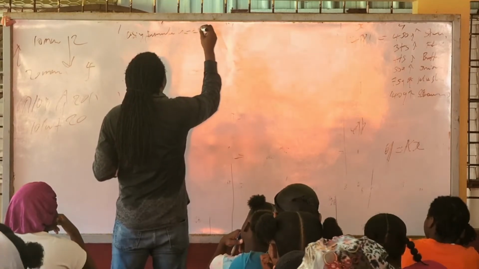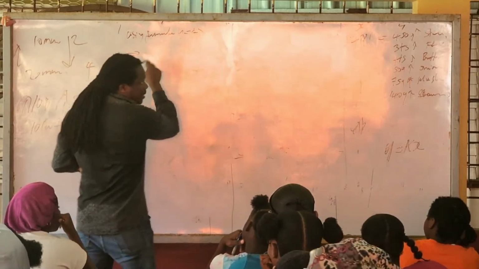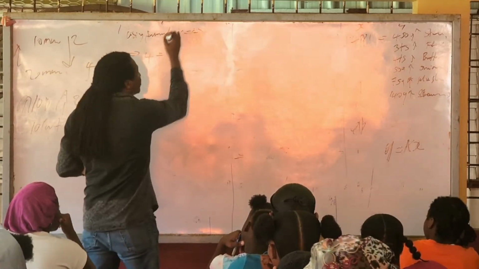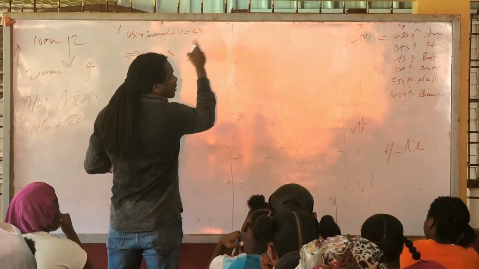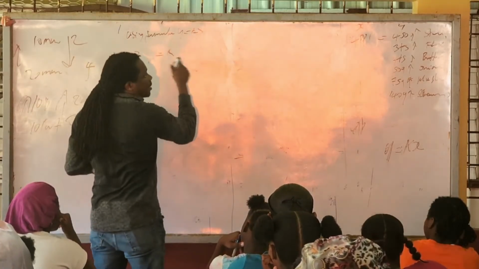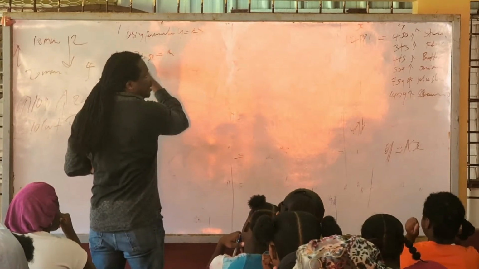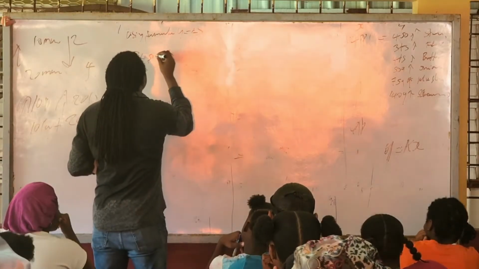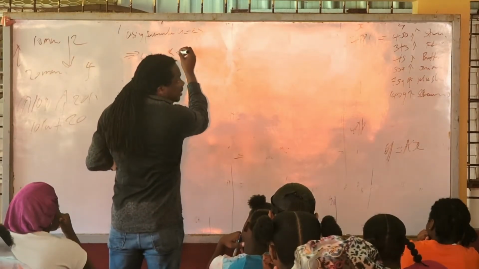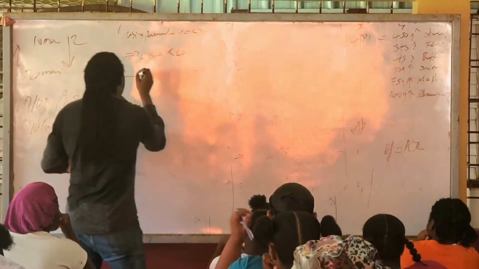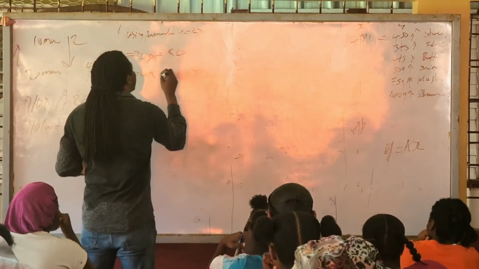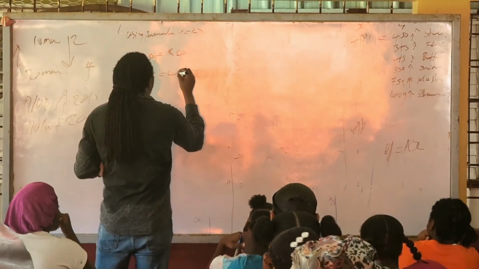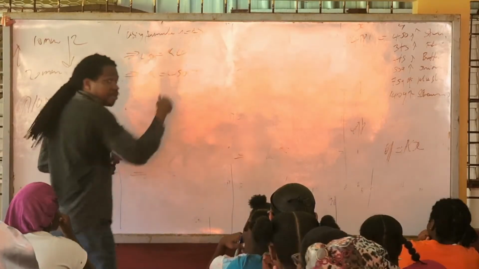Y equals kx. It implies that for 4 people, y is 450 grams, so 450 grams equals k times 4 people. So 4k equals 450. I'm going to put gram over gram.